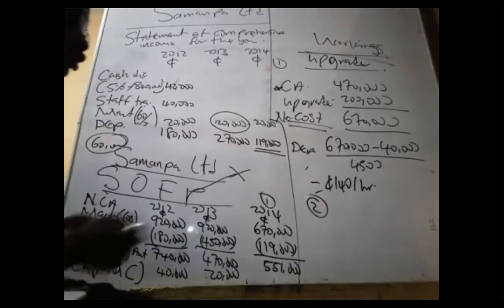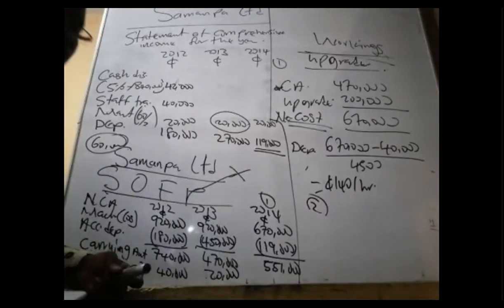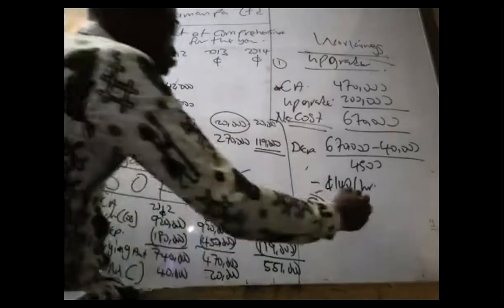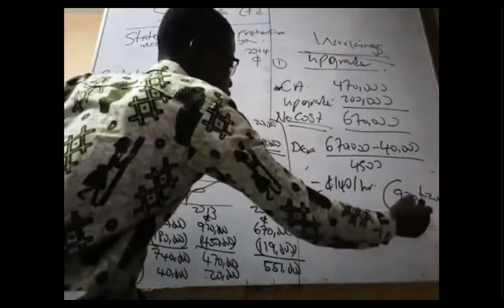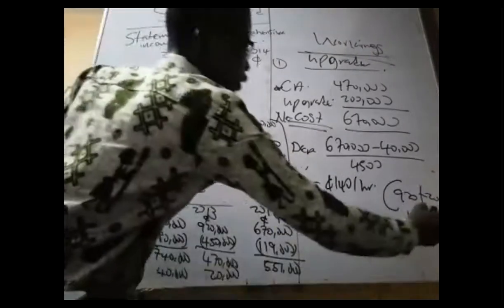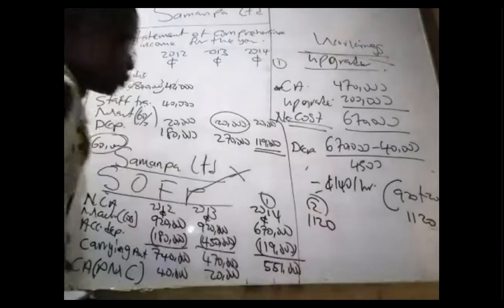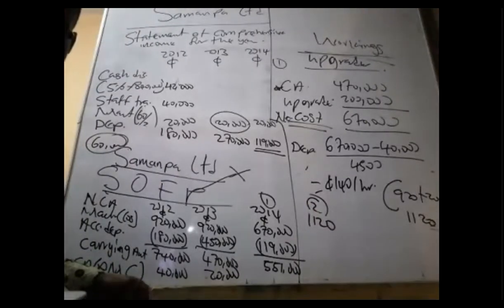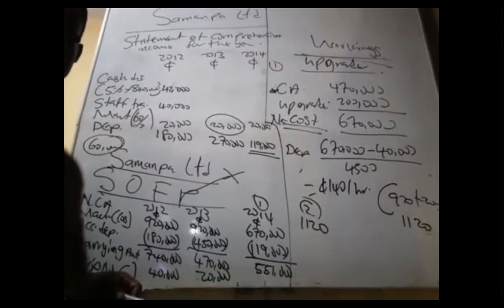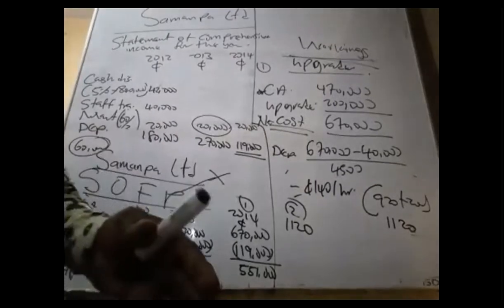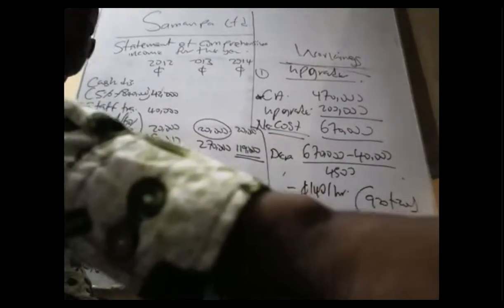For the cost, you add the upgrade of 200 to the 920, and that will give us 1120. So the cost will be 1120.